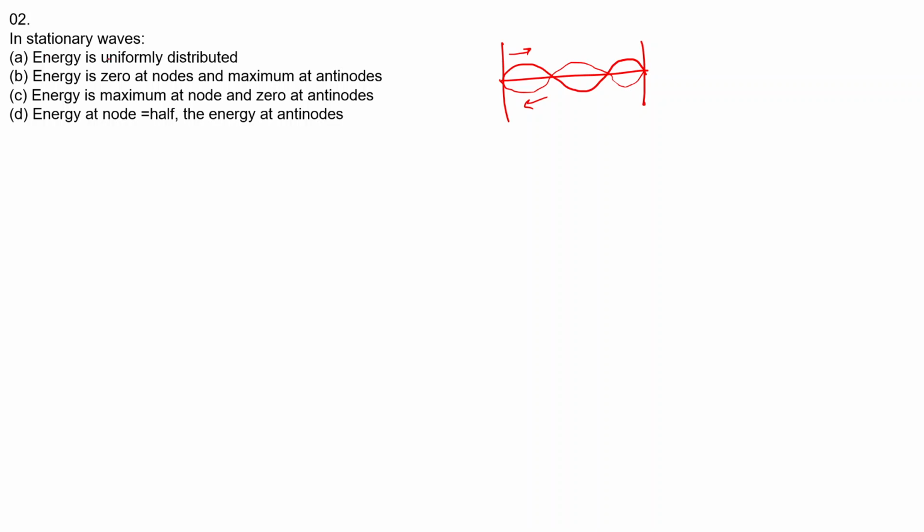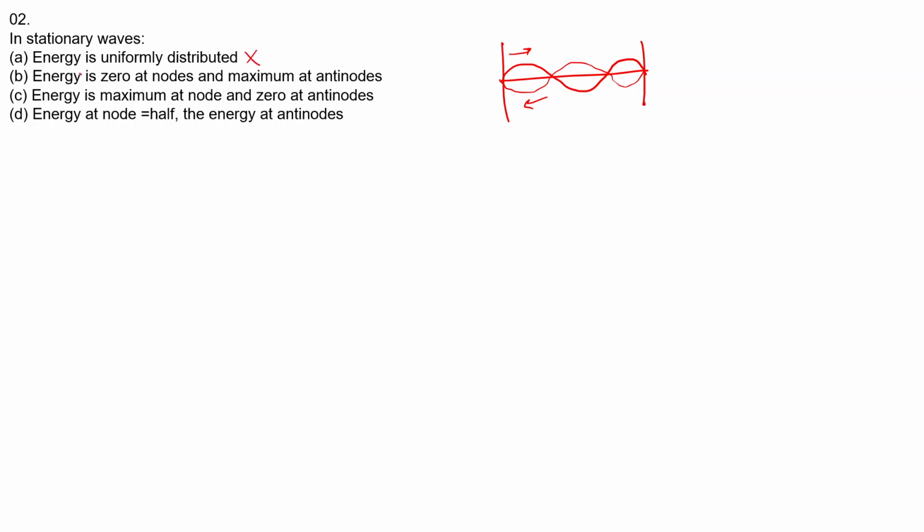Energy is uniformly distributed? Where the displacement is happening, the particle will have some energy. Here the particle is not doing any displacement, that means there is no energy. That clearly shows that throughout this standing wave the energy is not uniform.